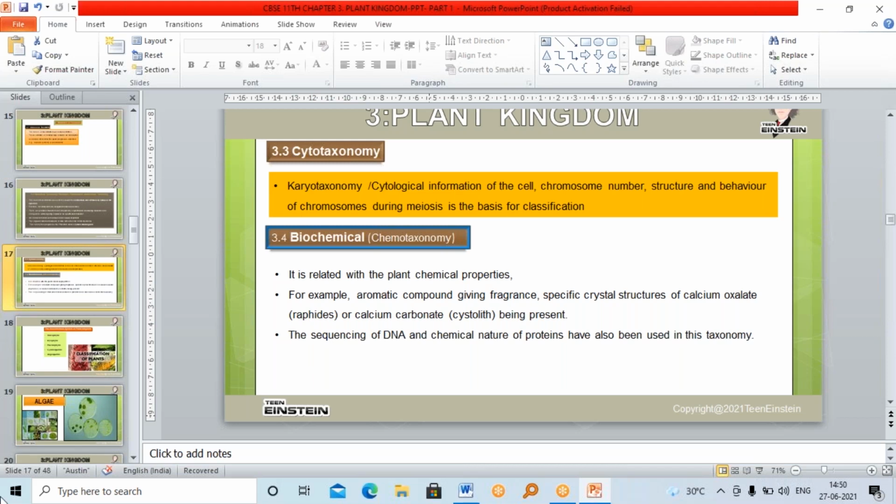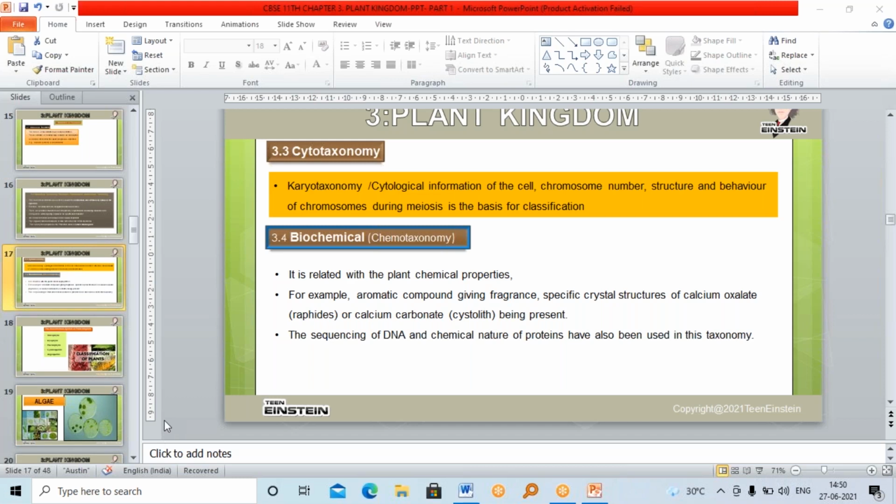For example, aromatic compounds giving fragrance, the flower fragrance which is given by some aromatic compound. Such characters are considered in this. And the specific crystal structures of calcium oxalate or calcium carbonate which are present.